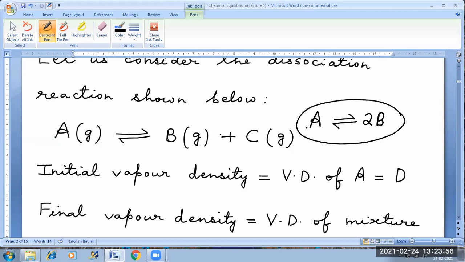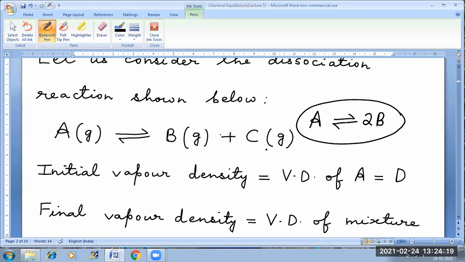Exactly, correct. So what I'm trying to say is, we are considering a dissociation process. A dissociation process is nothing but a reaction where one particular reactant will undergo a decomposition. That means on the left hand side, you must have one species.